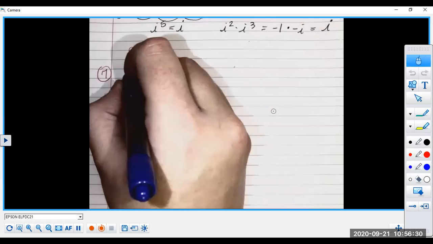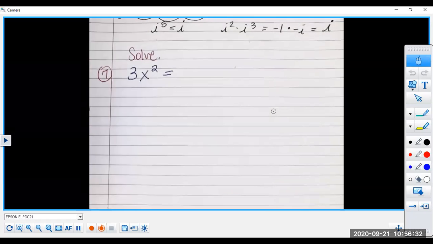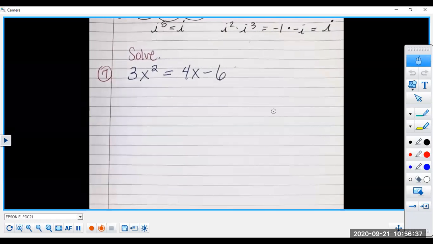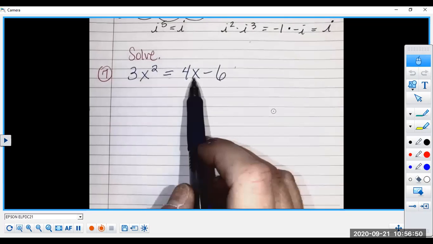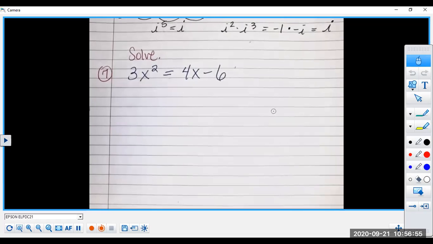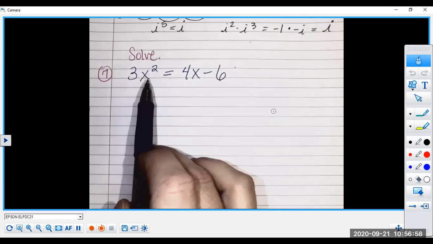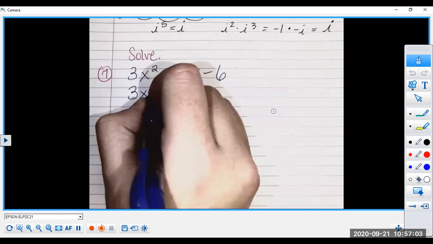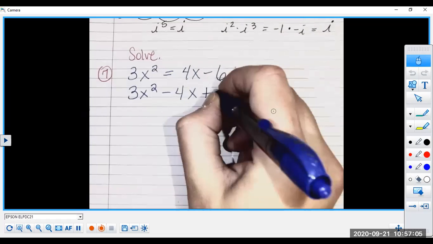So we have 3x squared equals 4x minus 6. And they asked me to solve for the roots or zeros or x-intercepts, which all mean the same thing, or find the solution. This has to be set equal to what? Has to be set equal to 0 always. So I always like to keep x squared positive. You don't have to. You should arrive at the same answer, but bring 4x and minus 6 over. So we get 3x squared minus 4x plus 6.